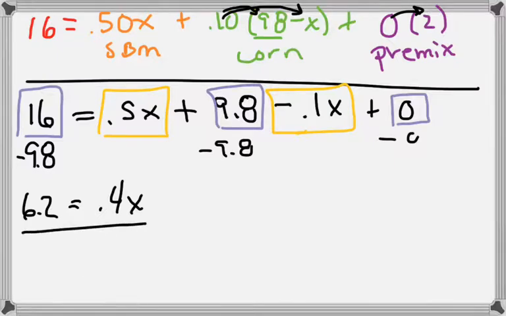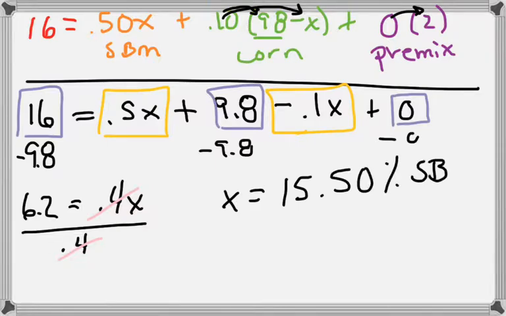The next step is to divide both sides by 0.4. And when we do that, the 0.4 cancels out. And we're going to wind up with x equaling, make sure I got the right numbers, I already recorded this once and wrote down the wrong numbers, 15.50% soybean meal.